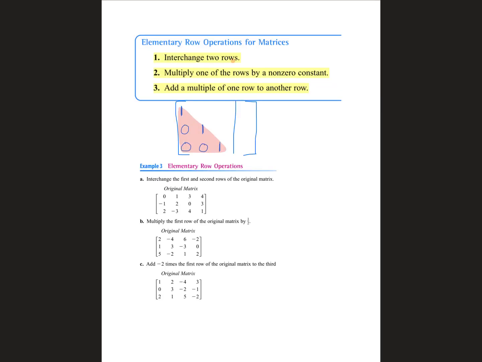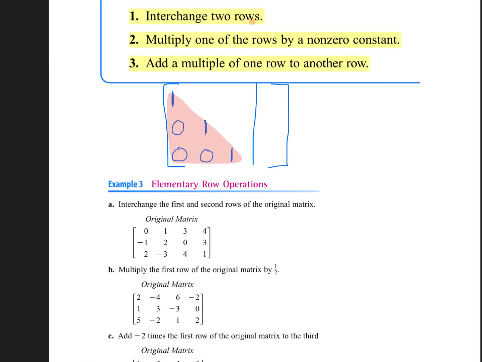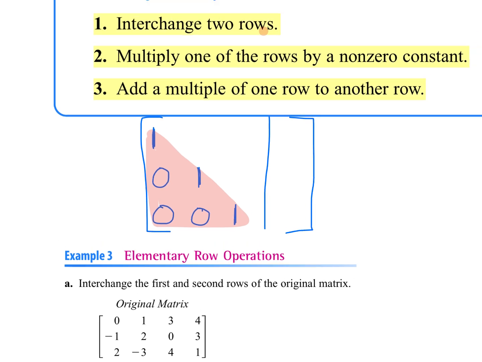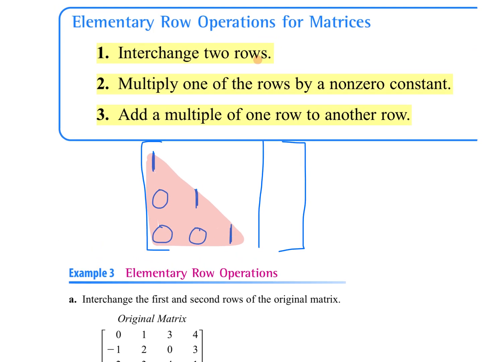Okay. This is what we're going to get to tomorrow. We're going to do something today called elementary row operations. You're going to do operations to different rows. But what we're trying to do, and I'll explain this a little bit in a second, and then we'll do them tomorrow, is get this pattern to occur in your matrix.